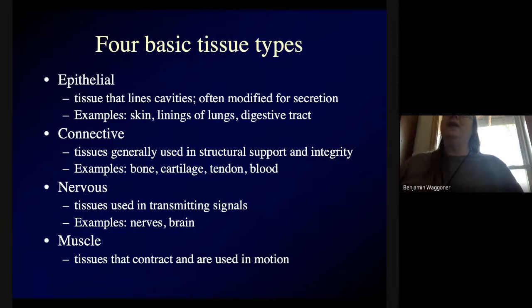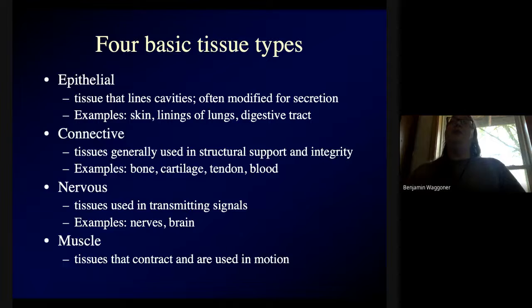The lining of your digestive tract from one end to the other is epithelial tissue. The lining of the tubes inside your kidneys and the tubes that make up whatever reproductive system you happen to be blessed with is epithelial tissue.